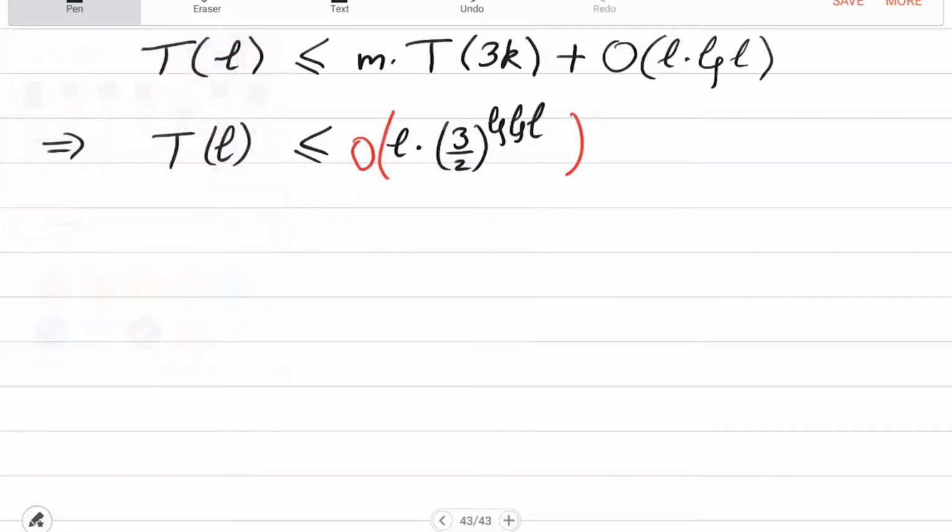The only way to check this is you substitute this back. Does it work? Will there be a log L term also in the middle? Yeah, all that will get absorbed in this because 3 by 2 is more than 1, so this already contains log L. I mean 2 raised to log log L. Yeah, I don't see 3 by 2. I mean 3 is clear. Every time you get a multiple of 3, and this will happen log log L times. So you get 3 raised to log log L.